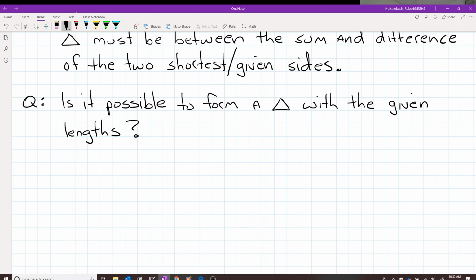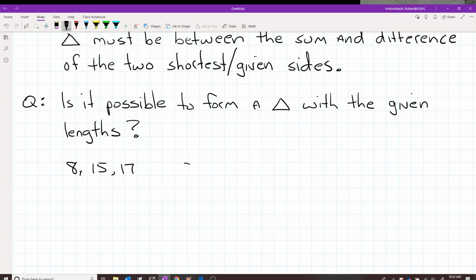Alright, you get an 8, a 15, and a 17. There's two ways to do this problem. We're going to do the book way, or the triangle inequality theorem way first. The triangle inequality theorem said that the sum of any two sides must be greater than the third side.